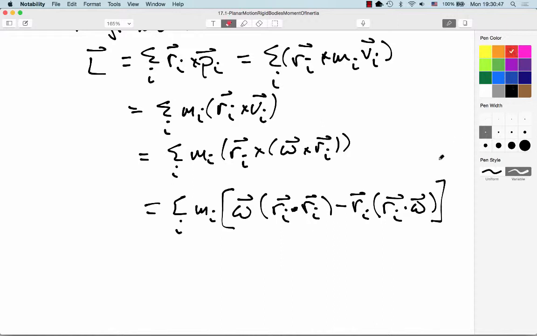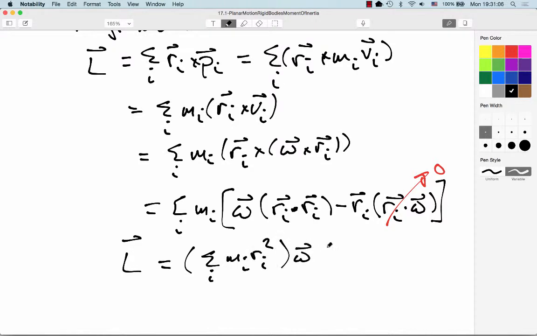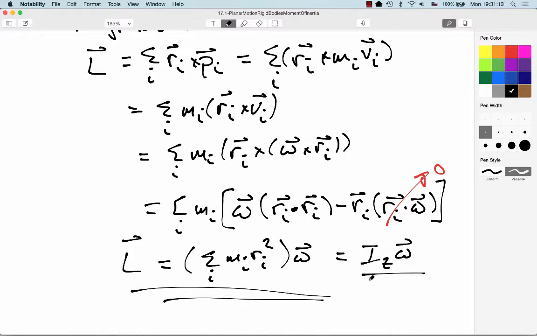Now once again, Ri dot omega is 0, so the second term drops. Ri dot Ri is just plain Ri squared, and so we have that L is equal to sum over i mi Ri squared times omega, which is equal to Iz times omega.